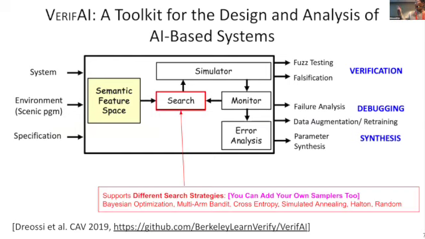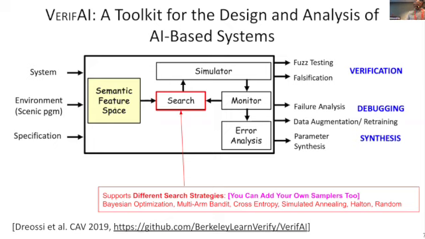And then specifically, the search part is what's nice about Verify. It supports different sampling strategies that balance the trade-off between the exploitation and exploration constraints that you may be interested in. We support Bayesian optimization, multi-armed bandit, cross-entropy, simulated annealing, and so on. And you can also add your own samplers as well.